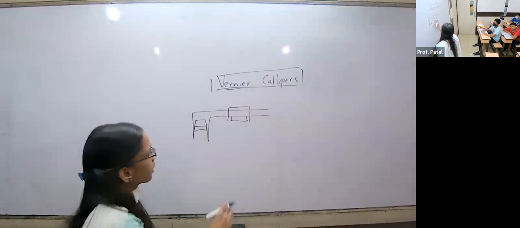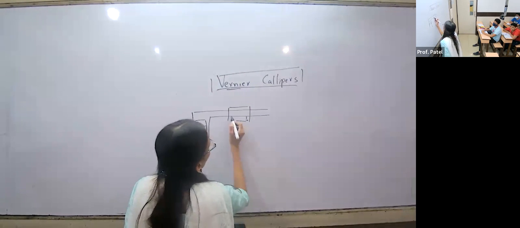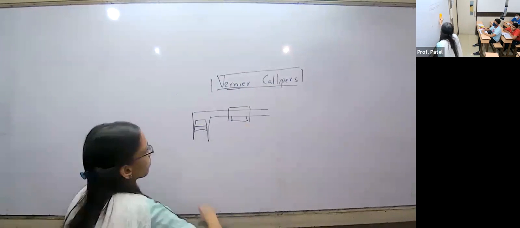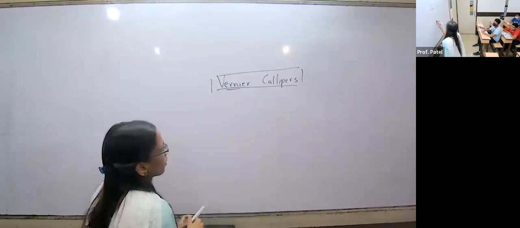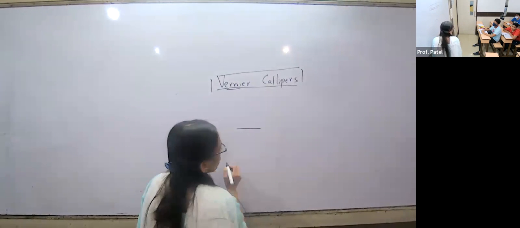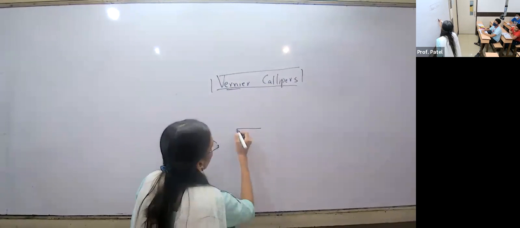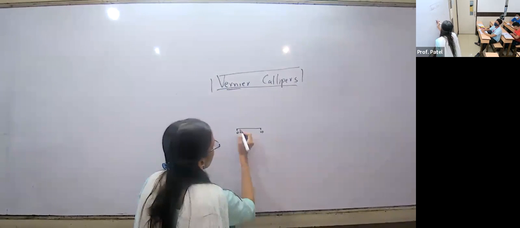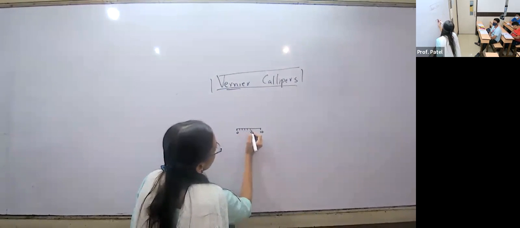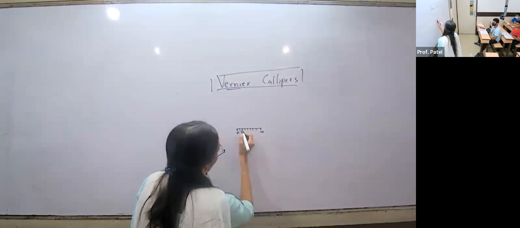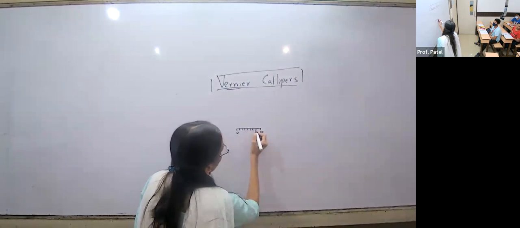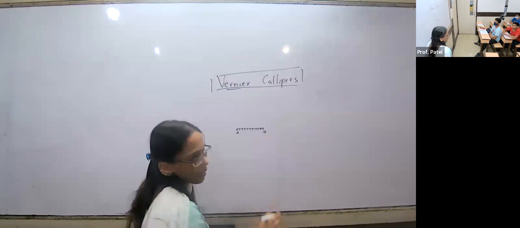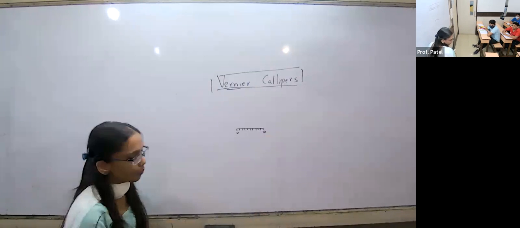What this means is that my vernier caliper is divided into 10 smaller parts. Just check how many there are: 1, 2, 3, 4, 5, 6, 7, 8, 9. This is my vernier scale part.